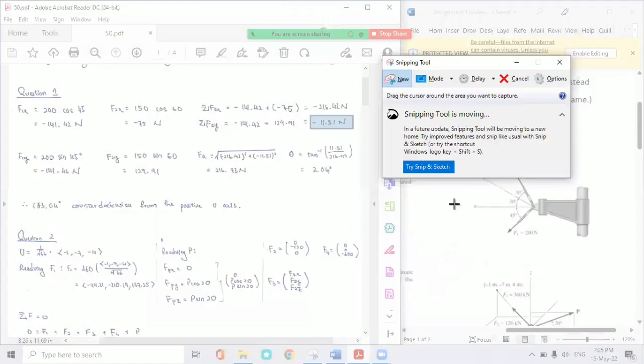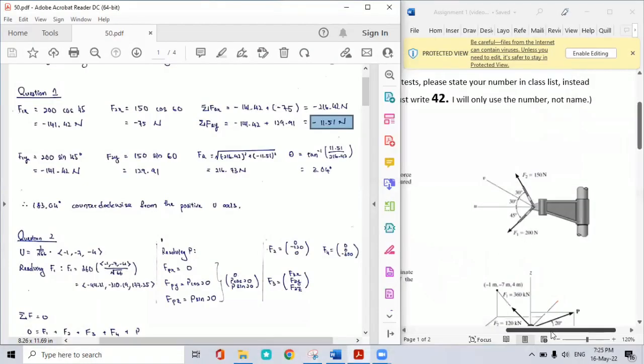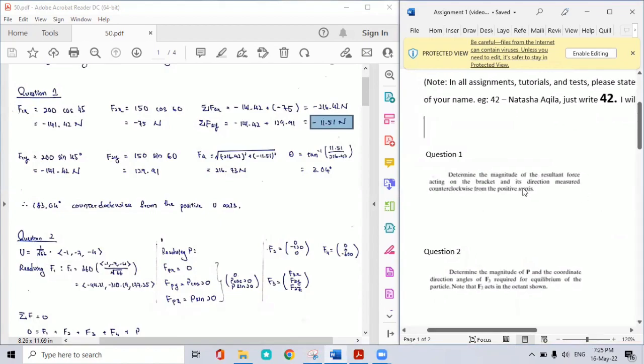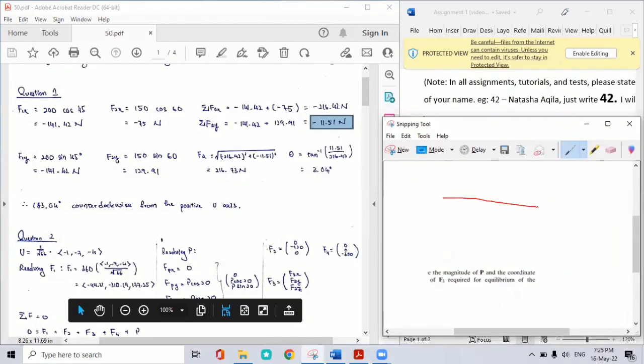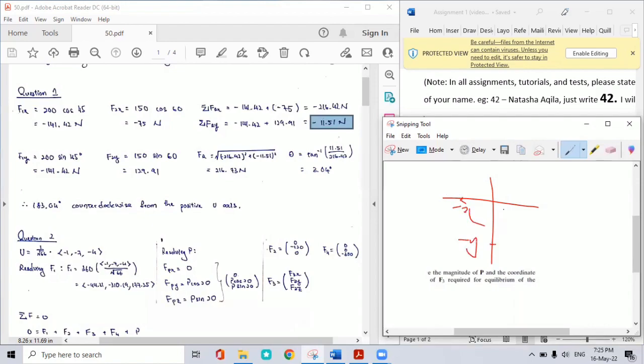After that, because we need to find the angle from the positive u-axis, and both the horizontal and vertical forces have negative values, it means the resultant is located in the negative quadrant, negative x and negative y. The angle right here will be 3.04.